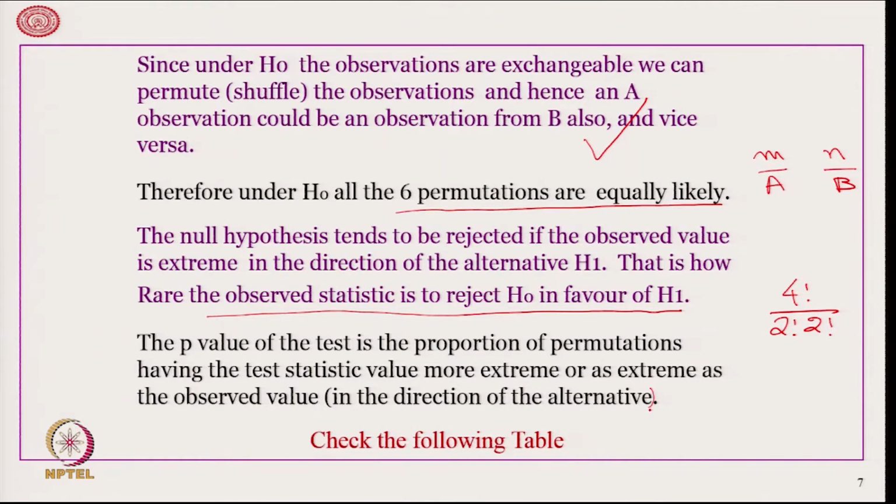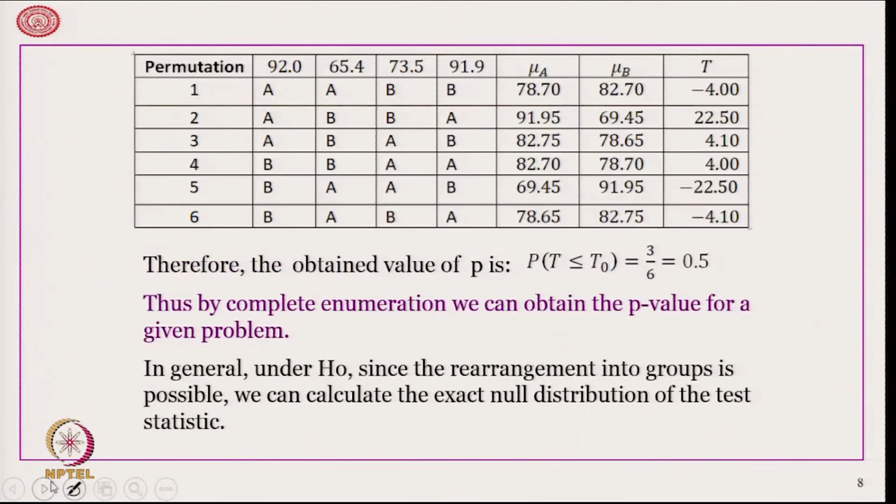So, with that, let us check the following table. We have computed for these observations all the 6 permutations. What does it mean? The first row says that these two could have been observations from A and these two from B, whereas permutation 2 is saying that these and these are coming from A and these two are coming from B, the middle two being 65.4 and 73.5.